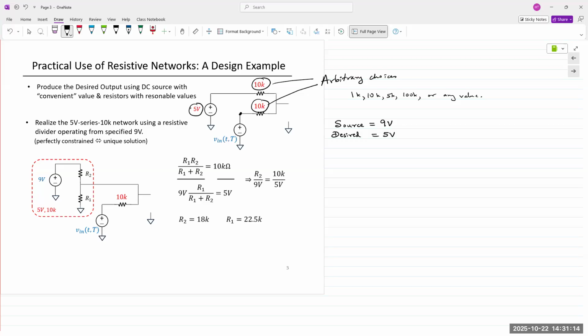So our circuit will be modified like this. We have a source. This is our 9-volt source.